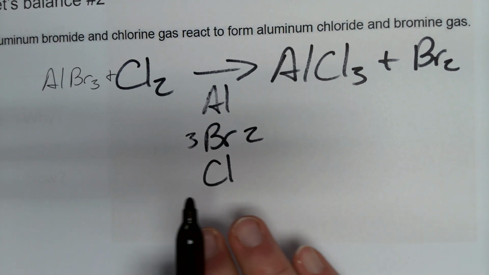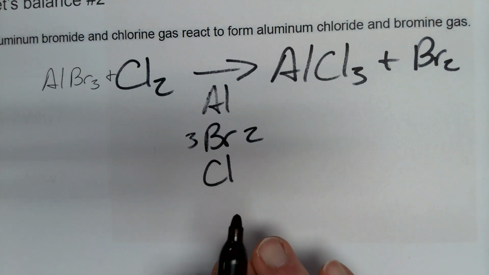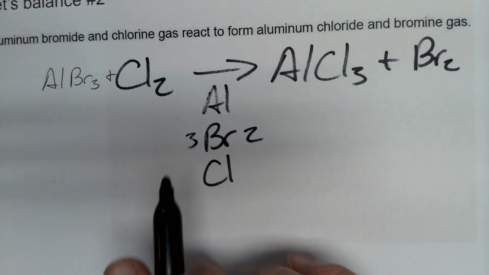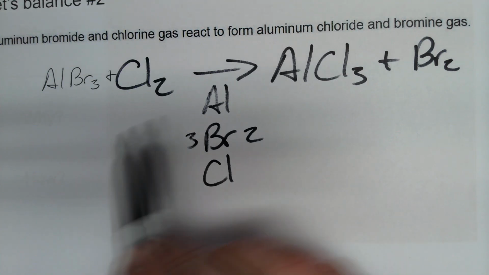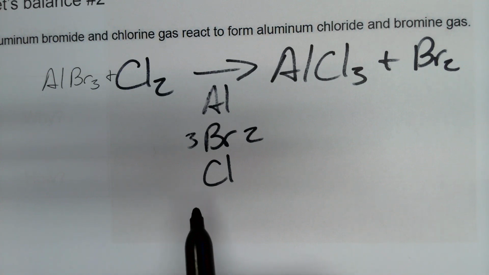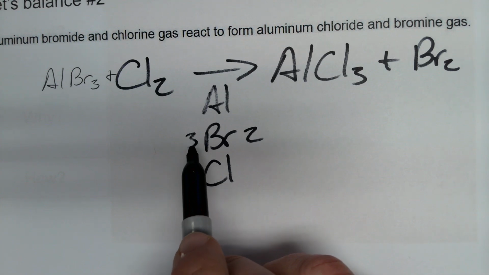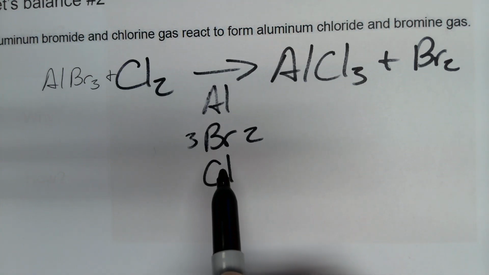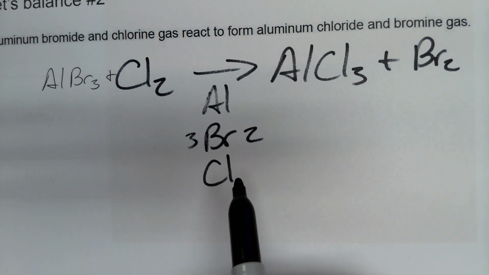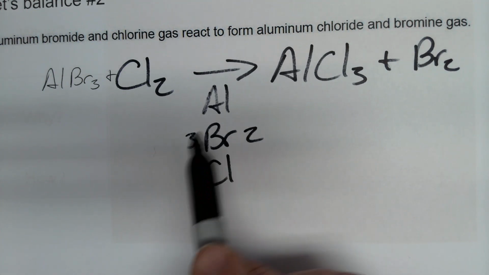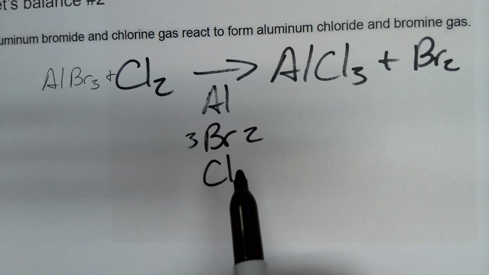What is a number I could use that's a multiple of both 3 and 2 so that I can have the same number on both sides? If I want them to equal each other and I want to be able to multiply this number to get that number, what number can I use? What's a number that 3 and 2 share with each other? 6.